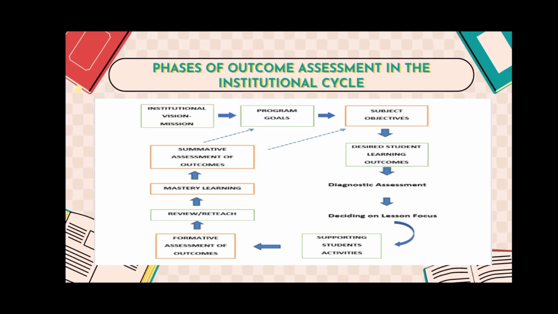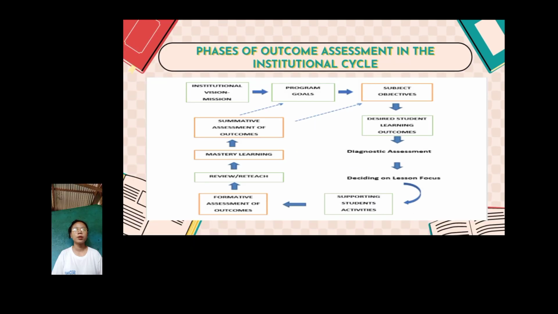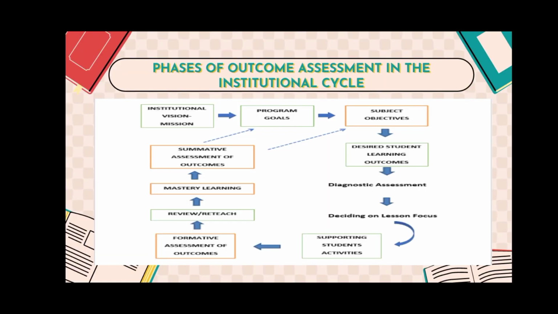And now let us proceed to the other one, which is review and reteach. Review, reteach means to examine or assess something formally when there is a possibility or intention of change if necessary. And the next phase is mastery learning.